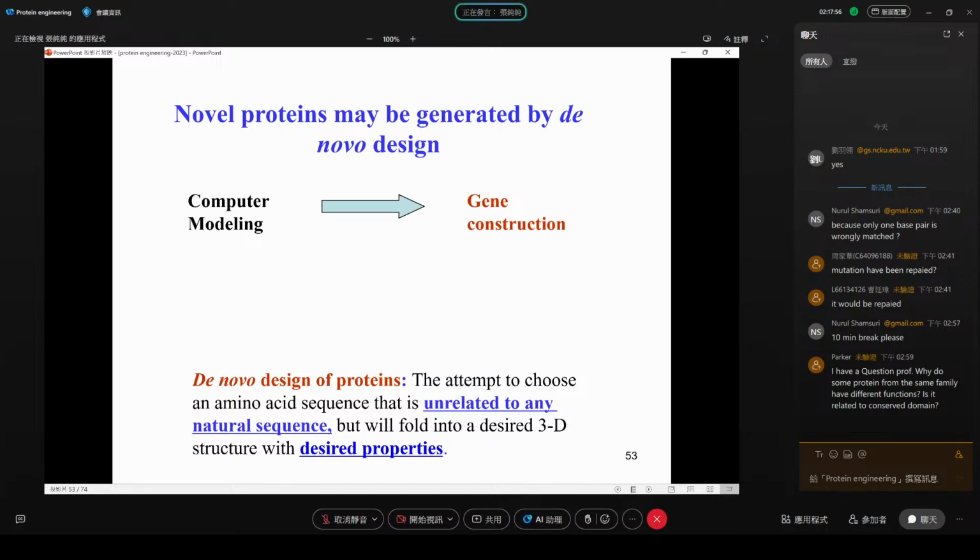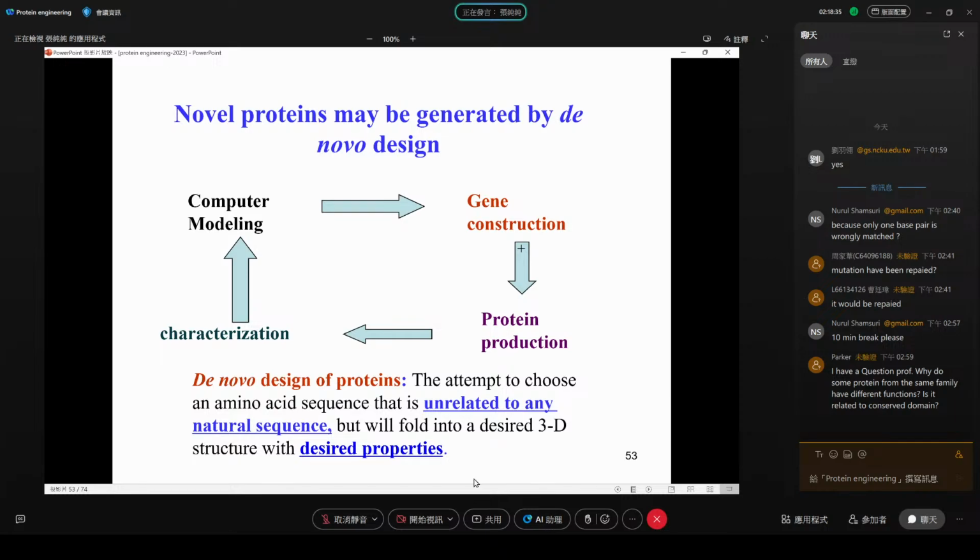But computer modeling does not follow the traditional strategy or traditional concept to do mutagenesis. They give up all the traditional concepts about protein structure. They purely generate or simulate protein structure in the computer program, for the gene structure, for protein production, and eventually characterize their features again, and do this kind of unrelated protein selection for a desired property.